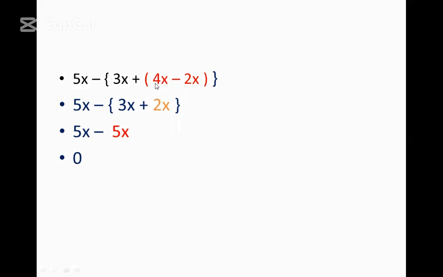Now these 4x and 2x are called terms. Separately we call them terms, and when they are joined with plus, minus, multiply or divide sign, they are called algebraic expressions.